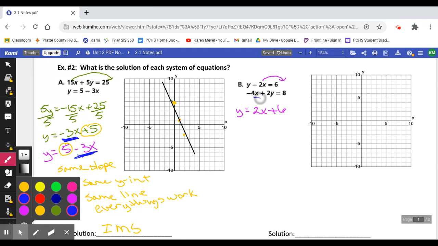On the second one, you start by moving negative 4x over by adding it. So you get 2y equals positive 4x plus 8. Then you get rid of the 2 in front of the y by dividing. So remember to divide all terms by 2. So y equals 2x plus 4.